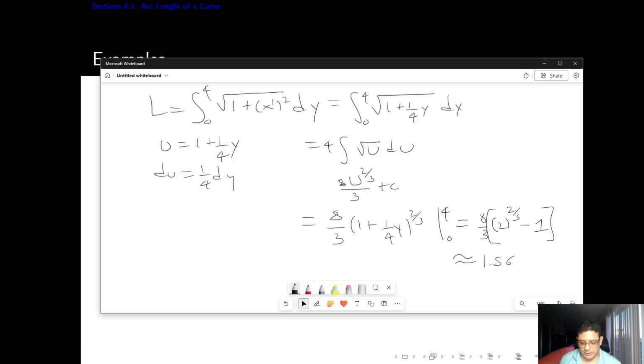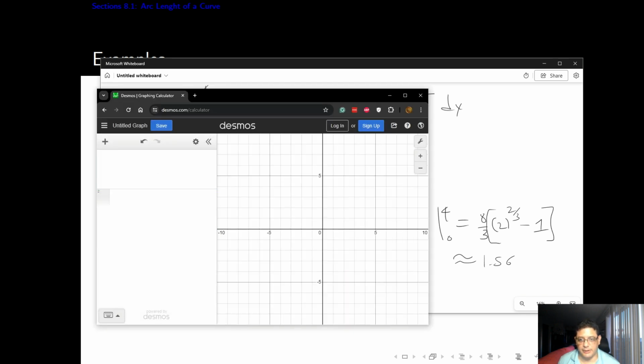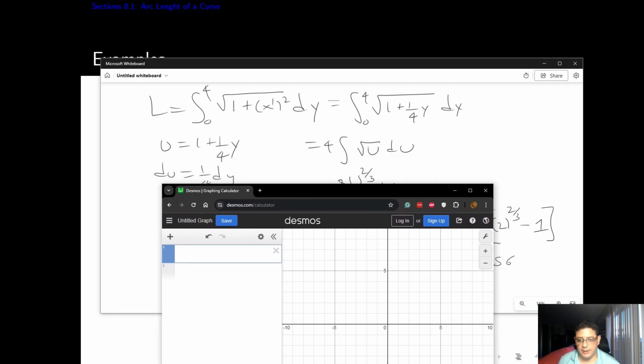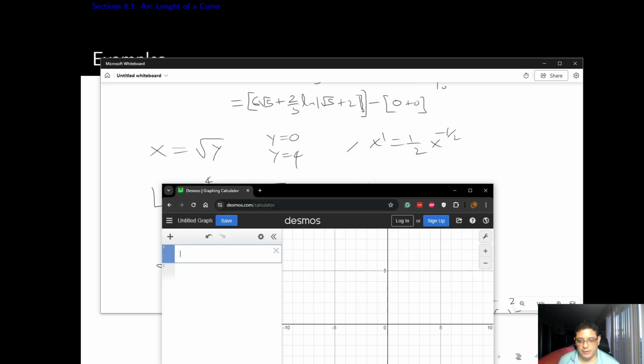By the way, now that we're using Desmos in particular, we can check what curves we're actually seeing. If you're wondering what the specific curves are, you can go with x equals the square root of y, and then since we're moving between 0 and 4, you can say y is greater or equal than 0, and less or equal than 4.